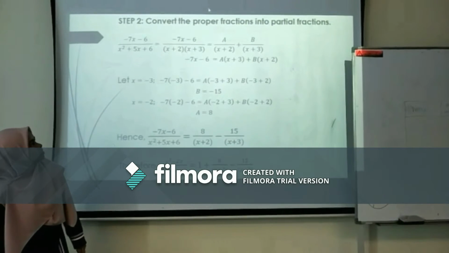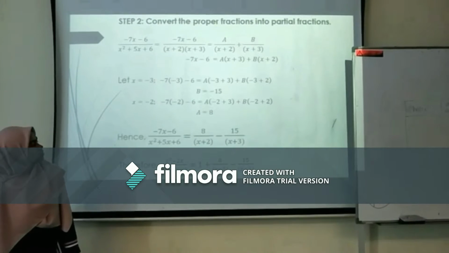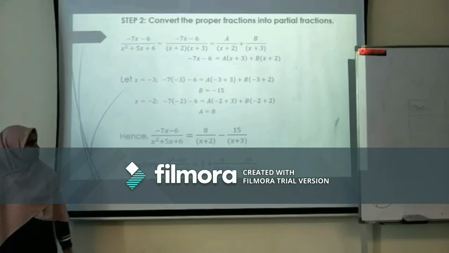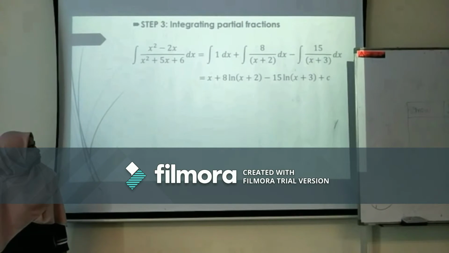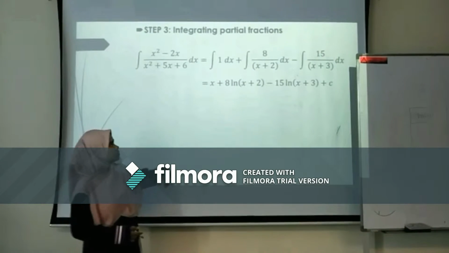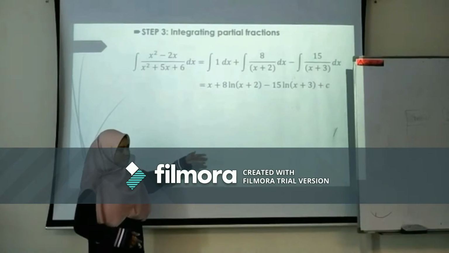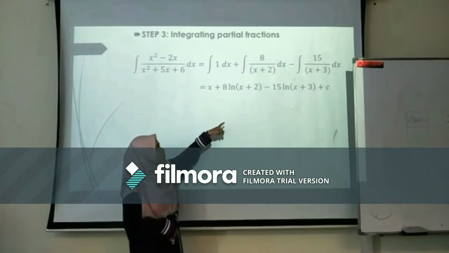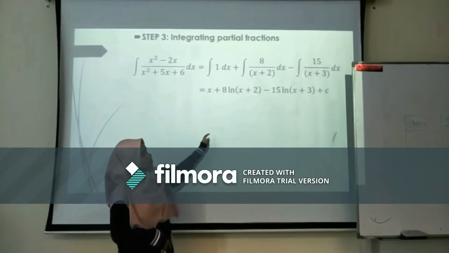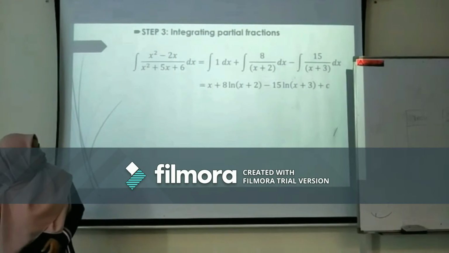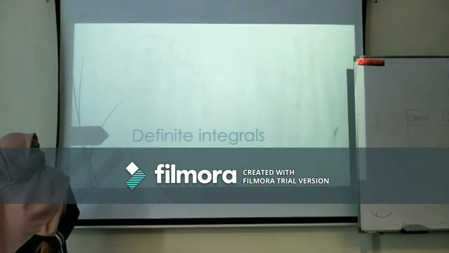Okay, you just do like we learned until you get the values. You substitute back into the partial fractions, include the 1 plus. Okay, and then you can integrate like always. Definite integrals.